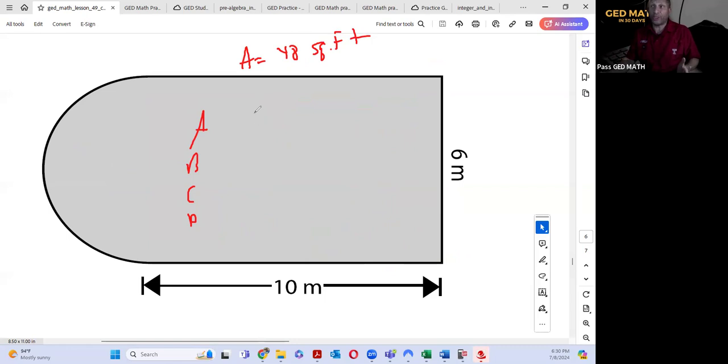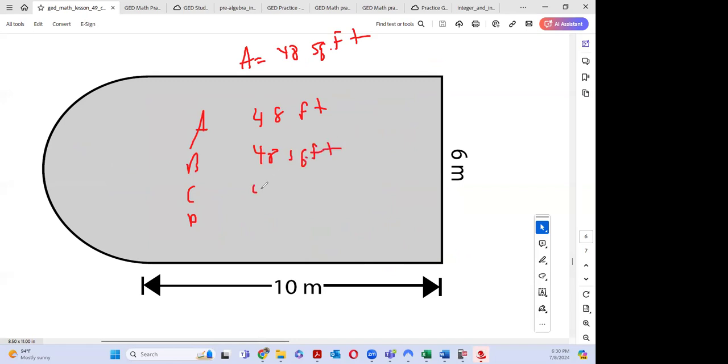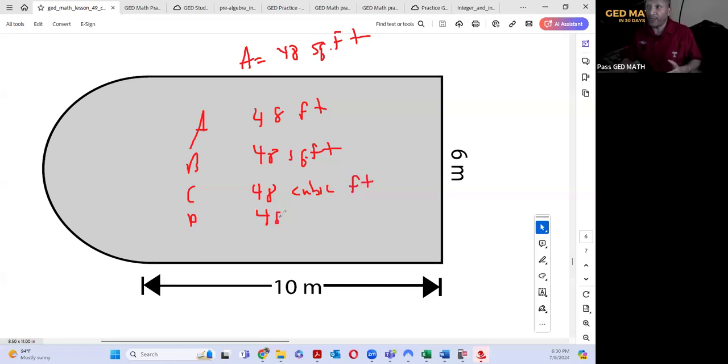But the multiple choice had 48 feet, 48 square feet, 48 cubic feet, and then 48, whatever. She knew the answer was 48, but she didn't know if the answer was 48 feet, 48 square feet, or 48 cubic feet.